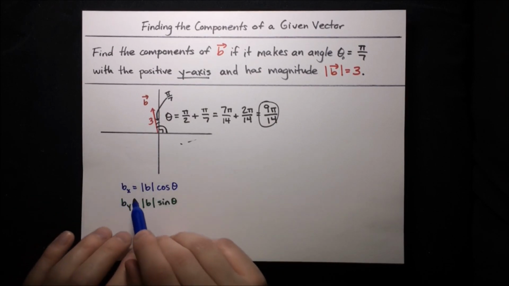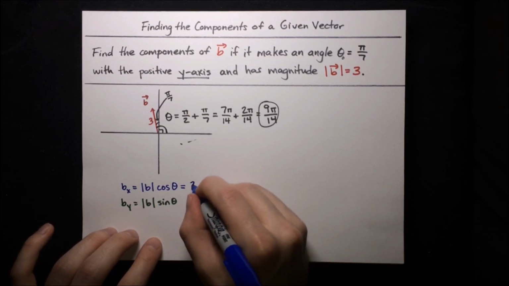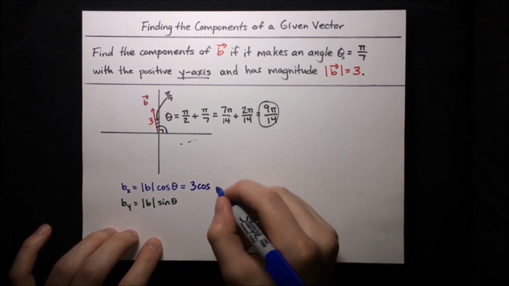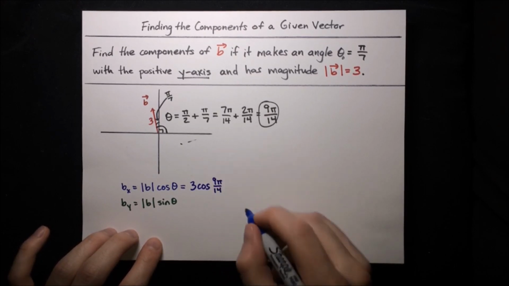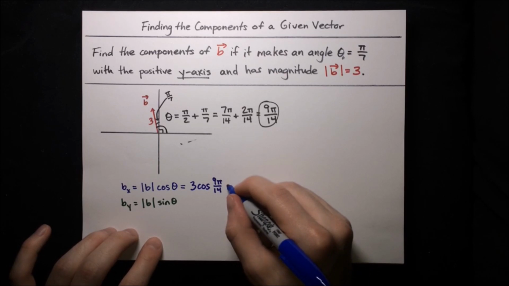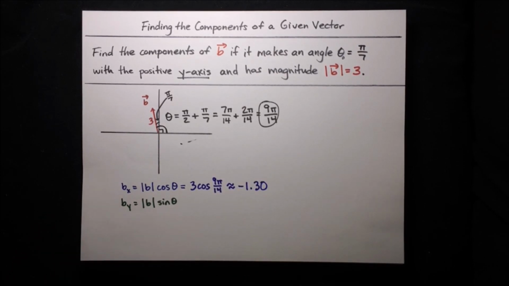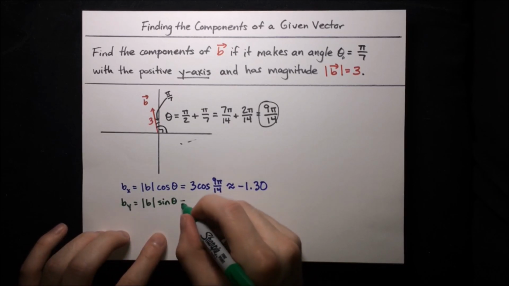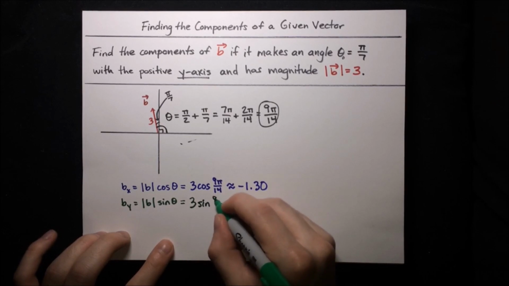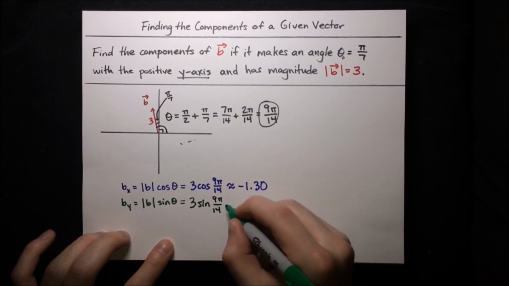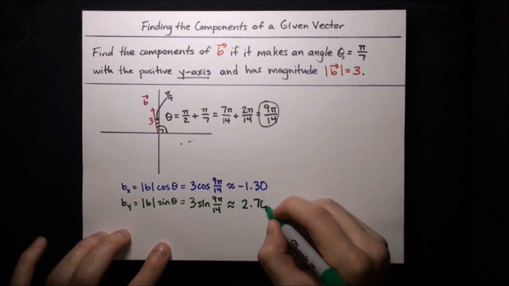Okay, so bx, the x component, is the magnitude of b, which is 3, times cosine of our angle. Our angle is just 9 pi over 14, and that is approximately equal to negative 1.30. The y component is similar. We're just using sine instead of cosine, so 3 sine of 9 pi over 14, and that is approximately equal to 2.70.